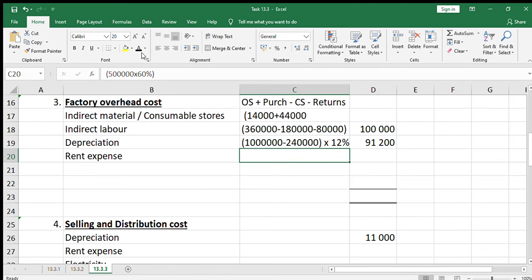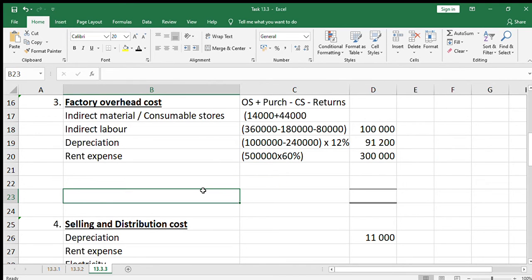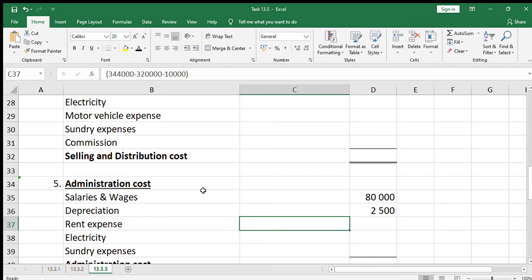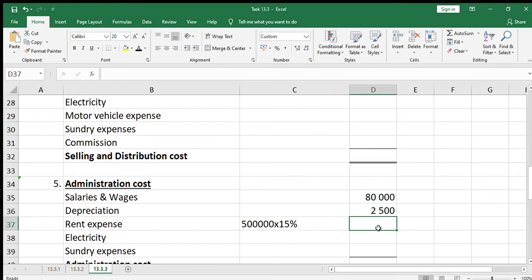So we're going to take 500,000 and multiply it by 60% to get our answer of 300,000. Then it says that the office uses 15%. So we're going to go to the administration cost for rent expense. And we're going to calculate 500,000 times 15%, and just work out the answer in there.